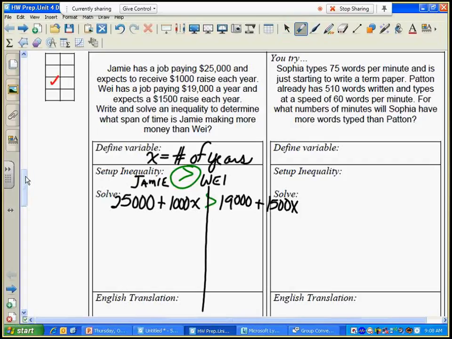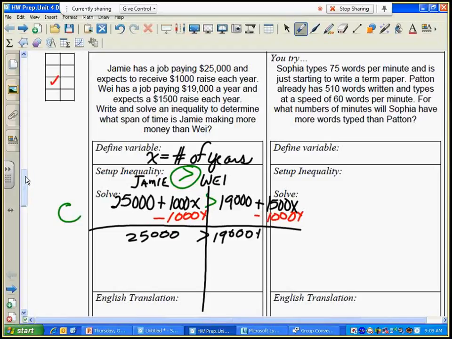Notice we have variables on both sides. Here's a situation where we're going to need to collect. Okay, so I'm going to go ahead and subtract 1,000x from both sides. Okay. Then I'm going to start to solve, so I'm going to subtract 19,000.